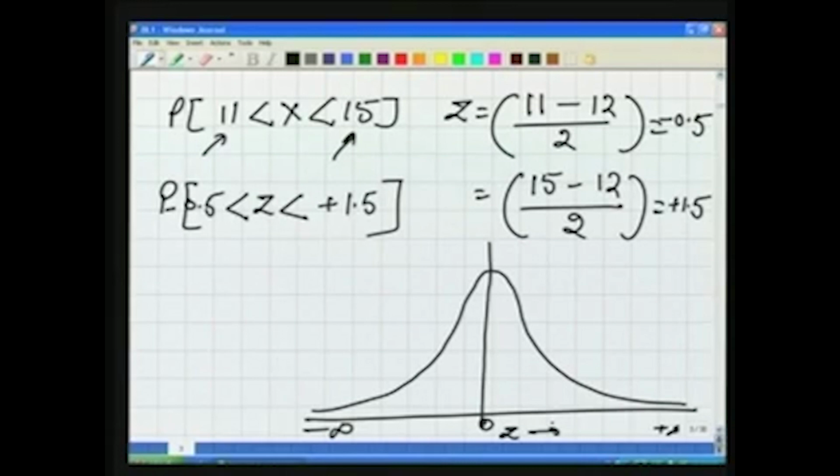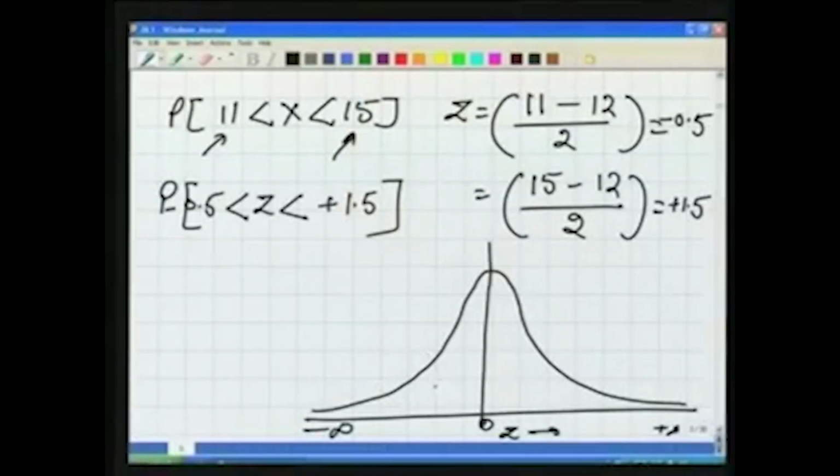Now, what are we looking for? We are looking for the area of this curve between minus 0.5, which may be somewhere here, and plus 1.5. So, we are interested in the shaded area.